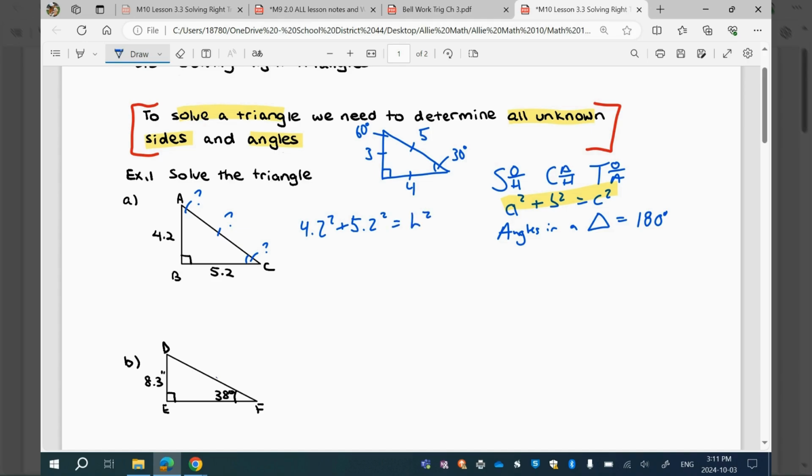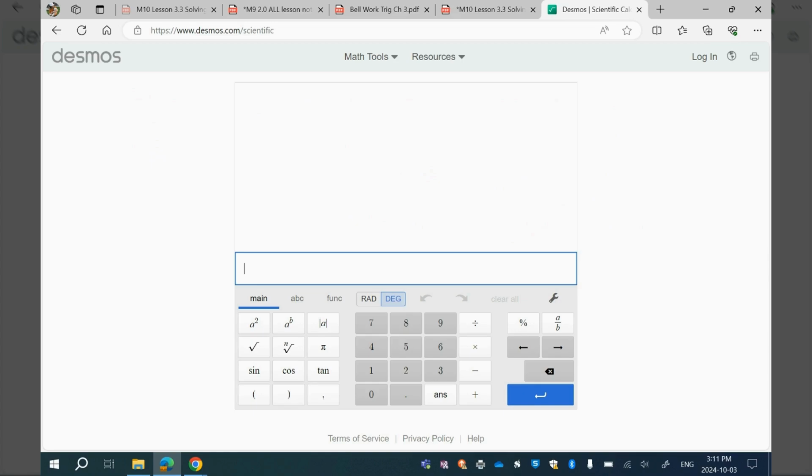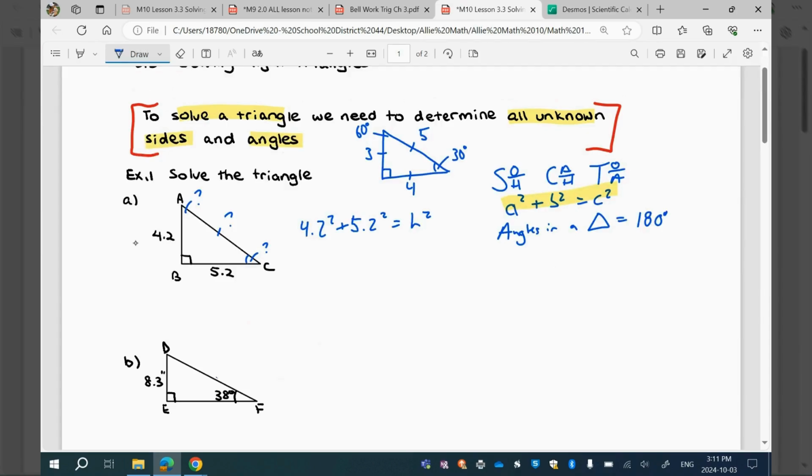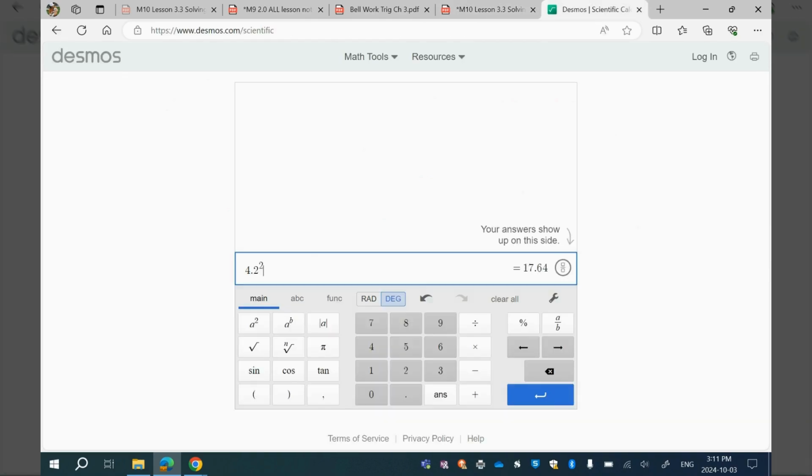So let me get my calculator. Let's go Desmos. 4.2 squared, 17.64, plus 5.2 squared.